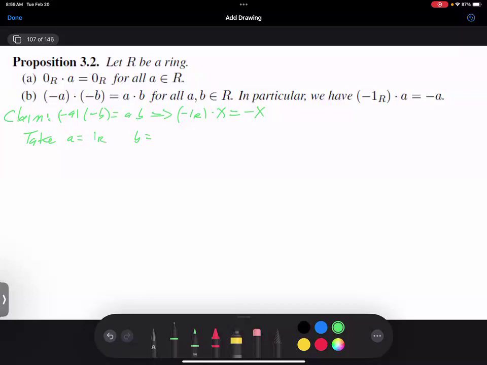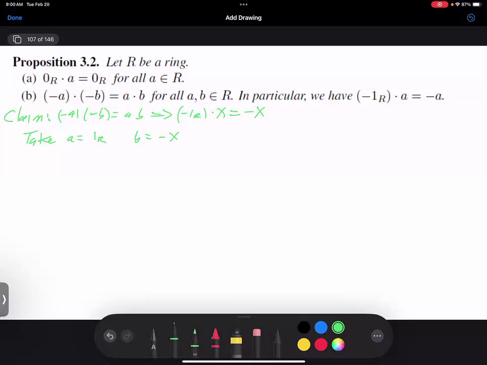Because if you look at what we have on the right-hand side, we want negative 1. And so if we take A to be 1, that gives us the negative 1. What should we take B to be? We want to multiply this by X. So what should we take B to equal? Negative X.